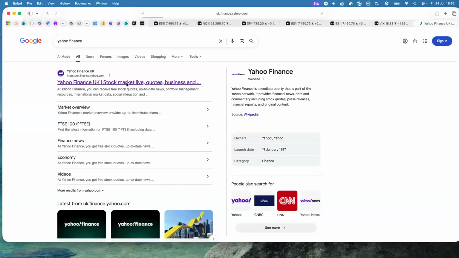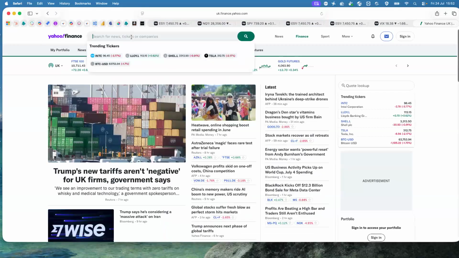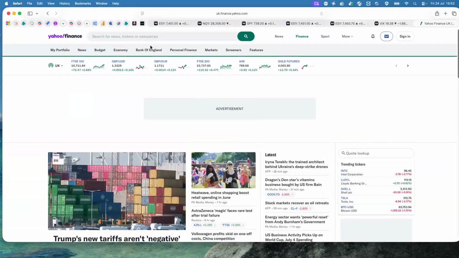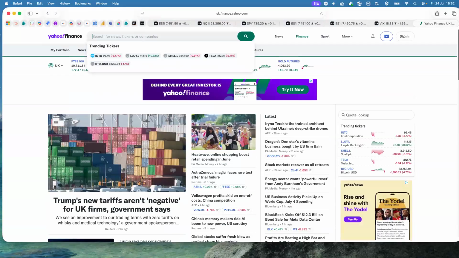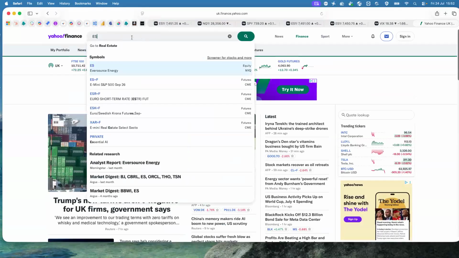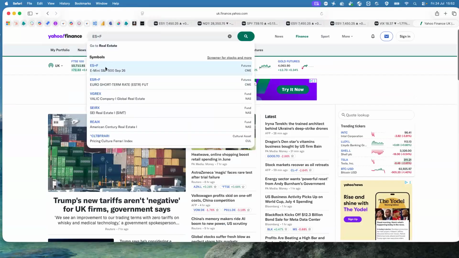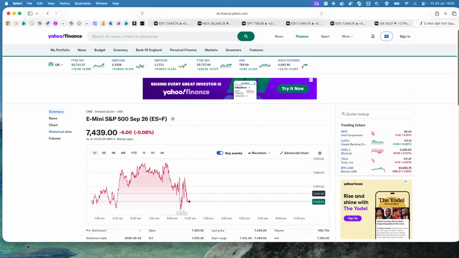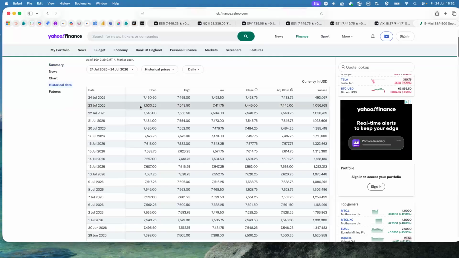Come here, simple, and you type ES. If you put ES equals F, that is ES. Anything equals F is futures. Then you come to historical data. In historical data, this is yesterday, 23rd, because today is 24th. Yesterday's high is here, low is here, close is here.